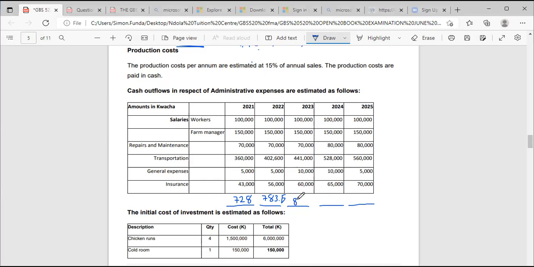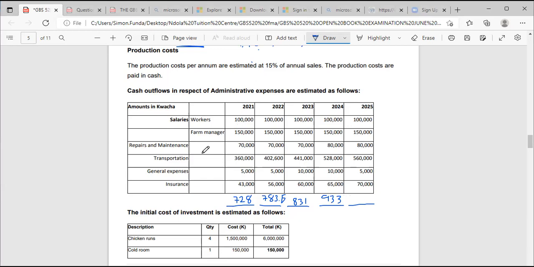In 2024, we do the same. We have 100 plus 150 plus 80 plus 528 plus 10 plus 65, giving us a total of 933. So 933.